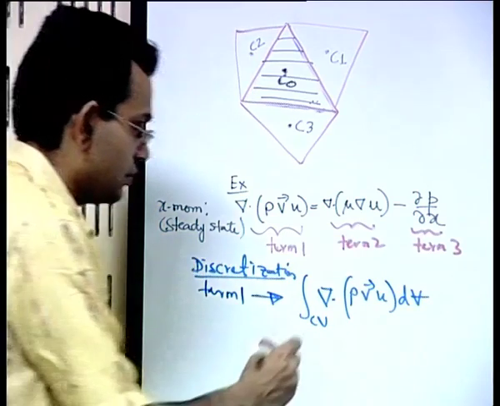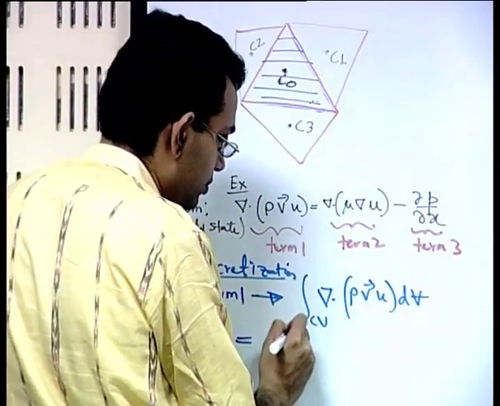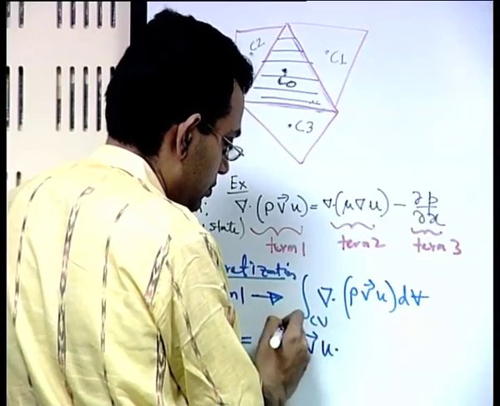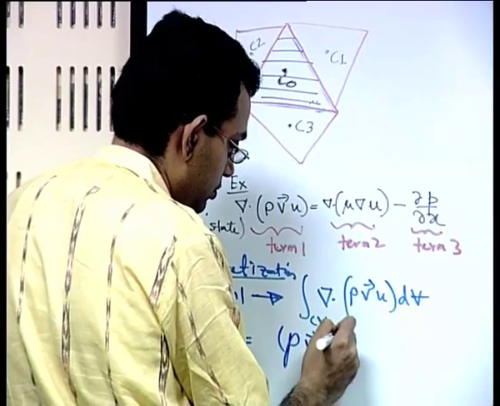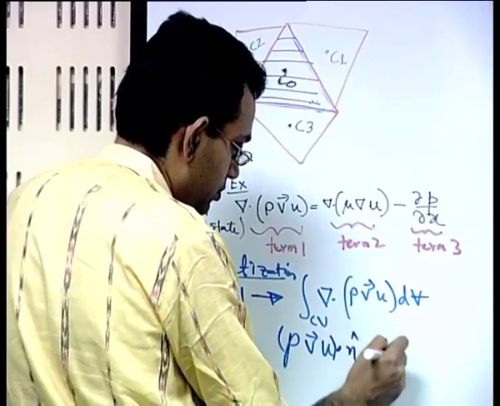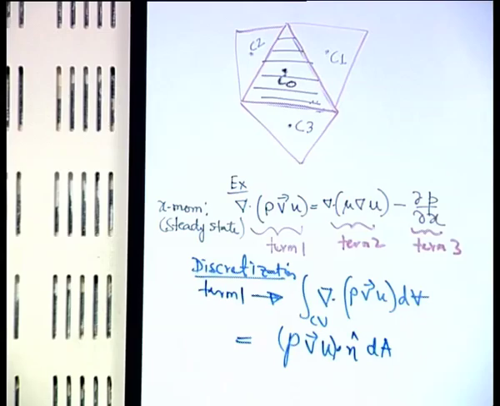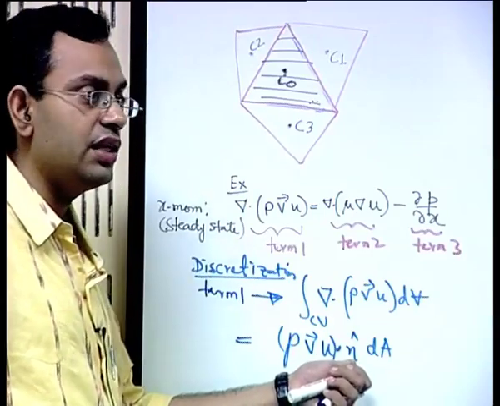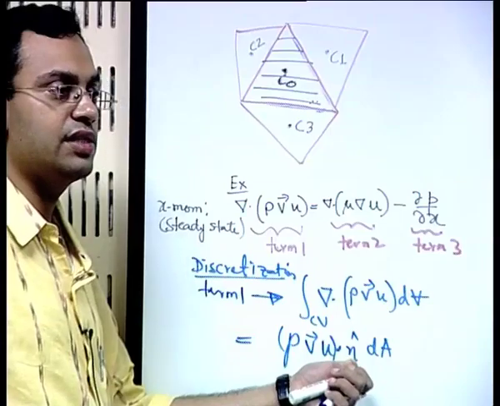So what will this be? Where eta is the direction normal to the surface.